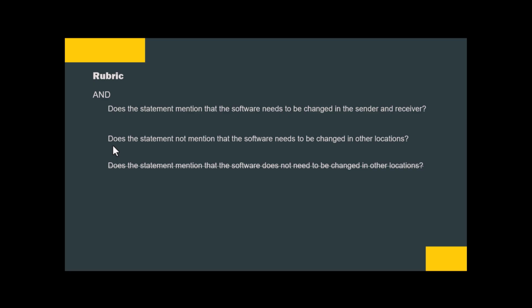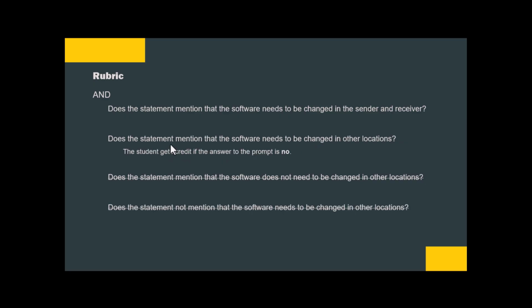So maybe a better prompt is to ask if the statement does not mention that it needs to be changed in other locations. That too is a bit of an awkward request. So, instead we say, does the statement mention the software needs to be changed in other locations? And to get credit, we expect the answer to this question to be no.